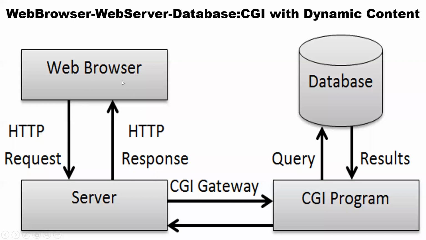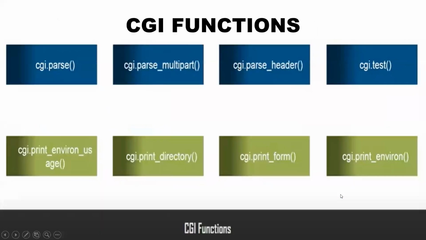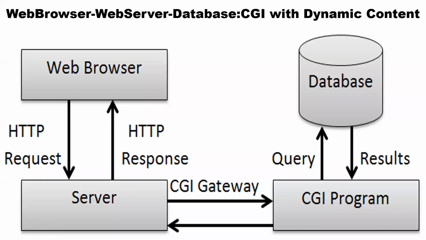So here from the server, the CGI gateway, common gateway interface, is communicating with the database. When you have the scripts, that kind of query information is available with the database. So between the web server and the database, the CGI requests the database and searches for the query information.